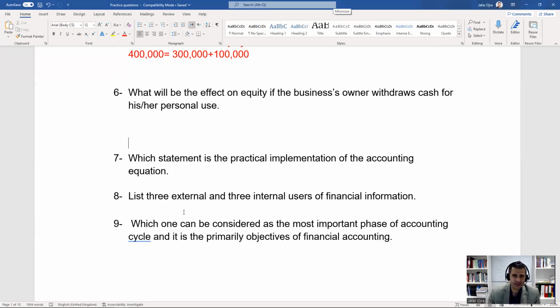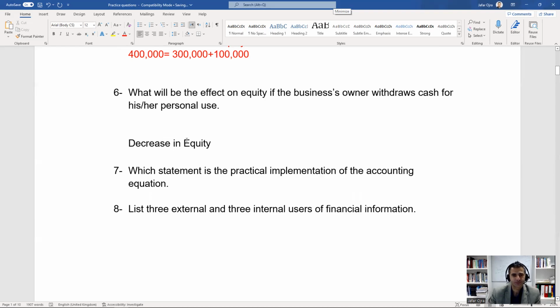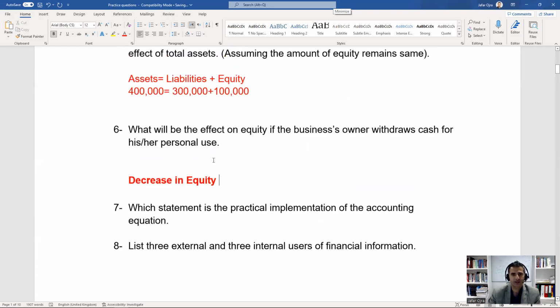The equity will decrease. So the answer is a decrease in equity.